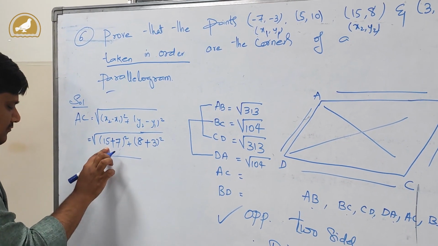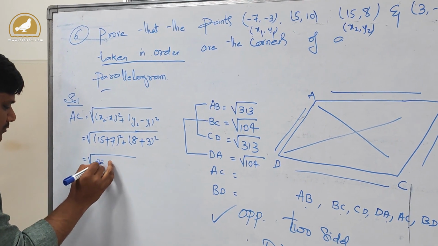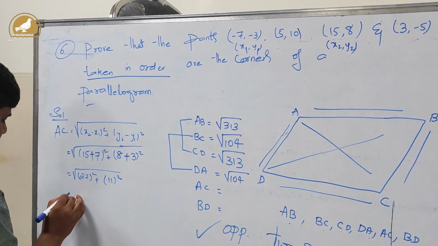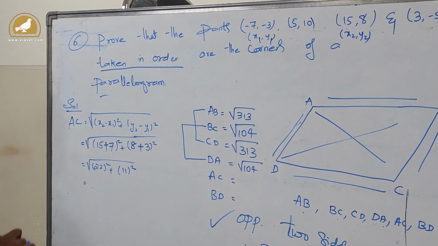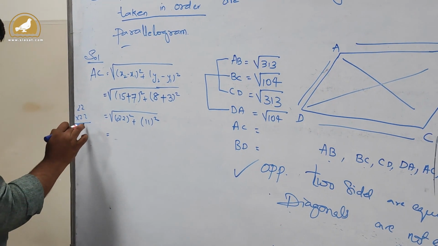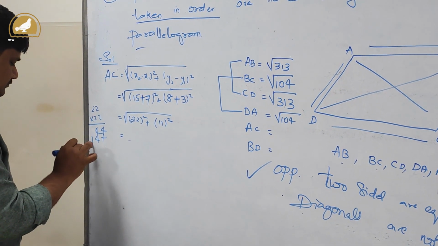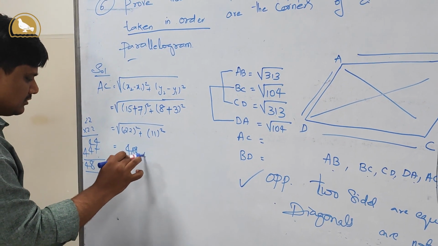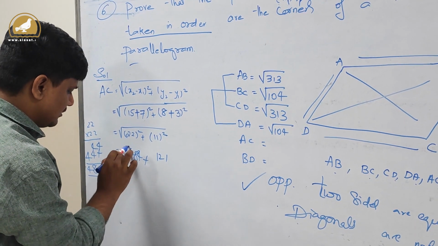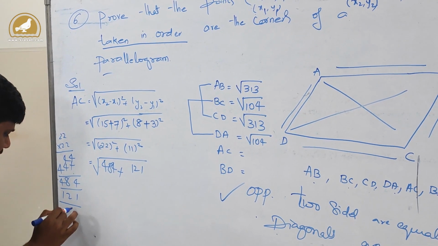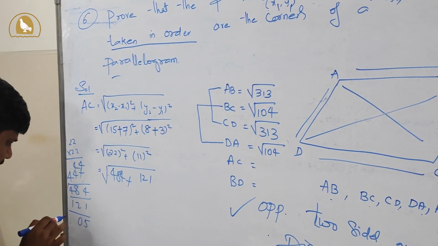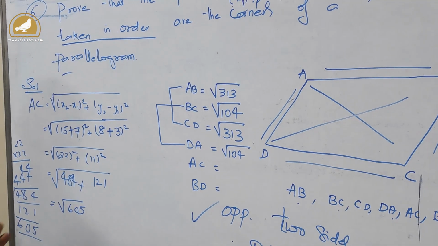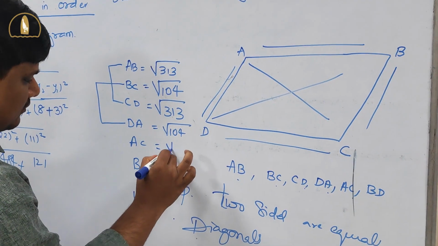So this will become 15 plus 7, 22, 8 plus 3, 11. 22 square, 22 into 22, 484, plus 11 square, 121. If we add this, under root of 605. The value of AC is under root of 605.